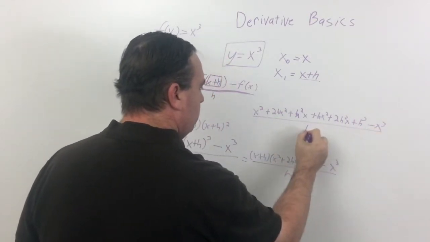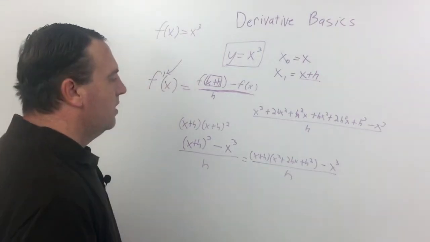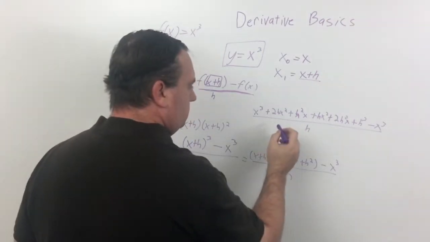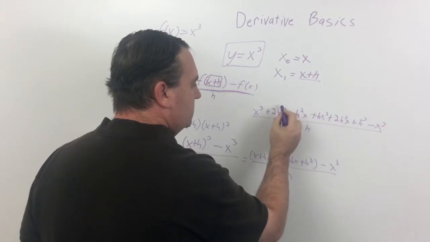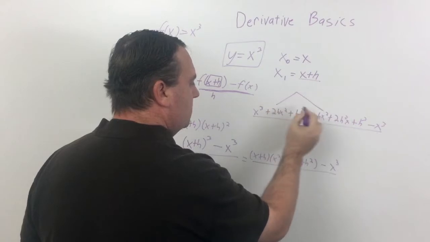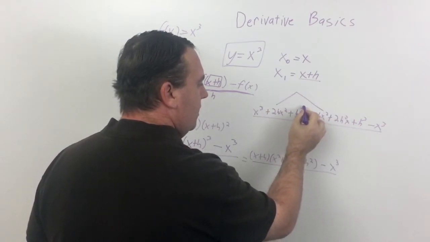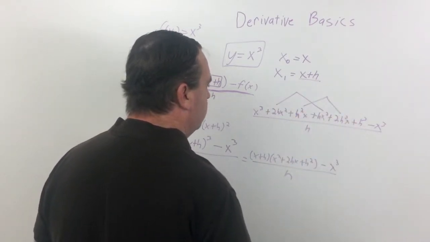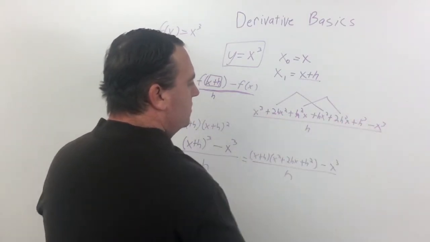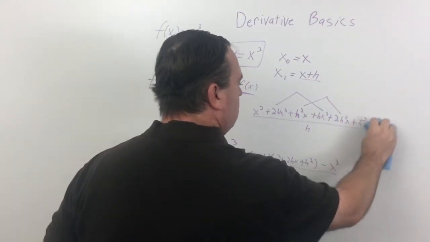Okay, so some of these combine. So hx squared, I also have another, so these two combine and these two combine. And then these two subtract out.